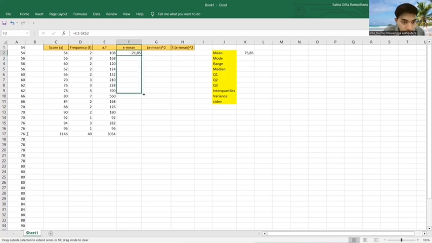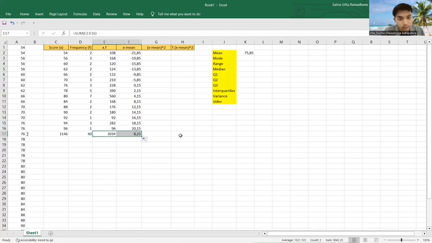And do like this again. And do the sum as well. Now we already have the x minus mean and also the sum of x minus mean. Next, we have to find x minus mean square.